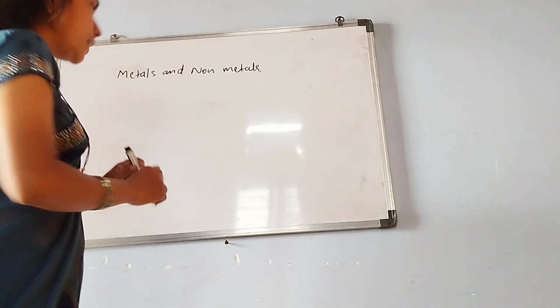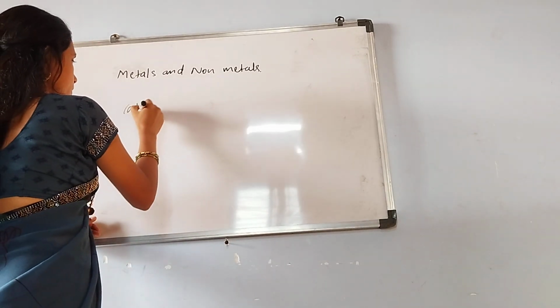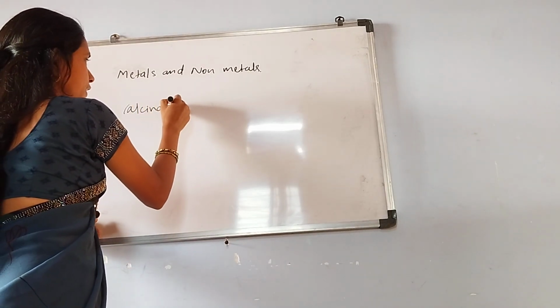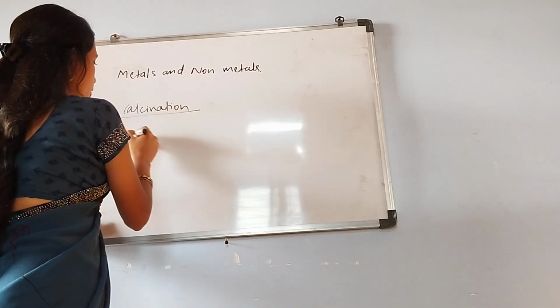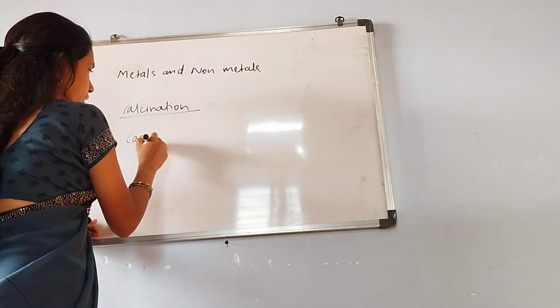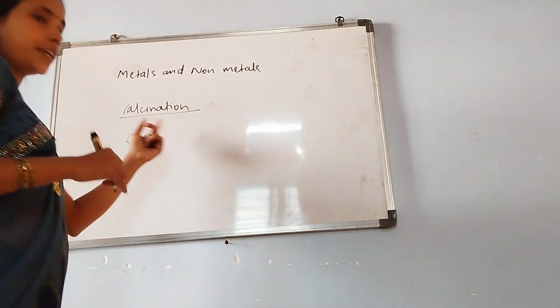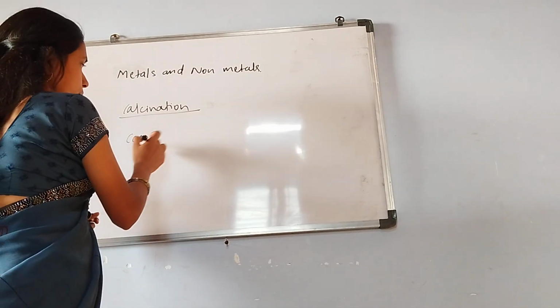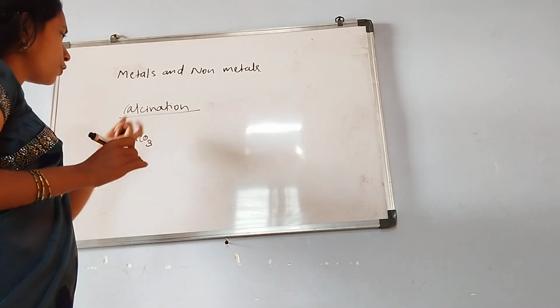So what is meant by calcination? It's mainly done for carbonate ores. For example, we can take calcium carbonate. We are heating it in the absence of oxygen, because oxygen is already there, so no need of oxygen again.